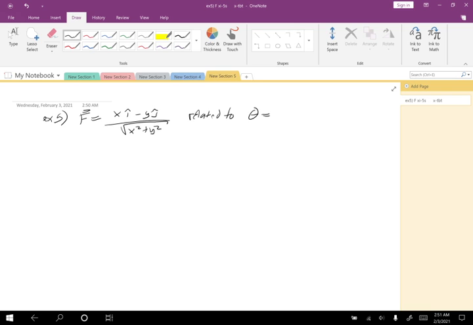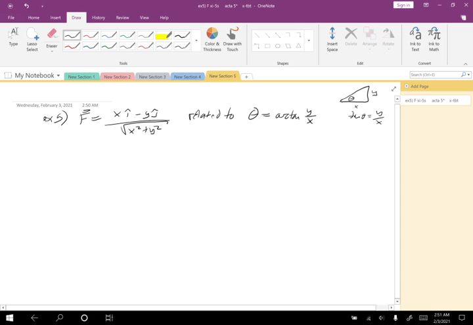Theta equals arctangent of y over x. Okay, and why is it arctangent? Remember, if we draw the circle, there's this triangle associated with theta, and the vertical is y, this is x, so that means tangent theta is y over x.